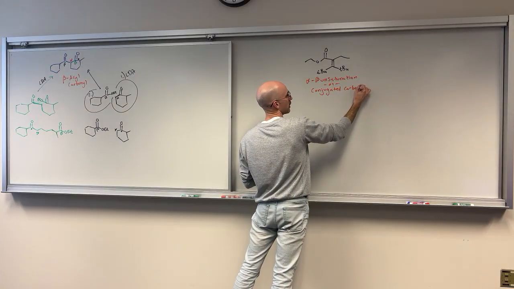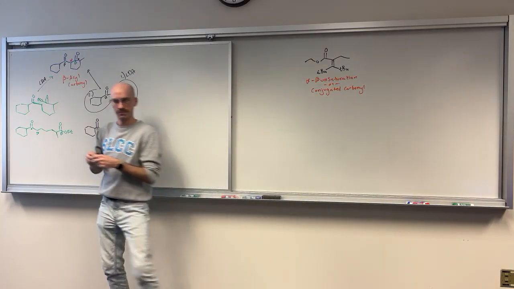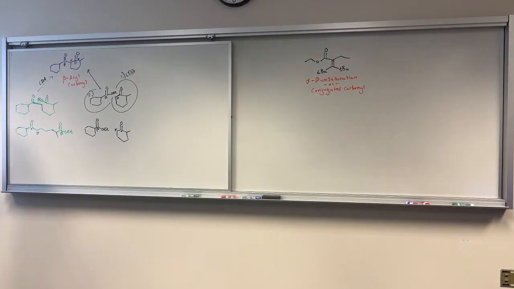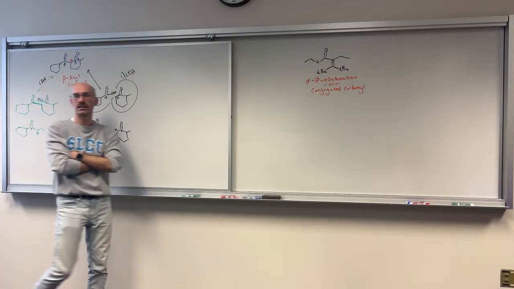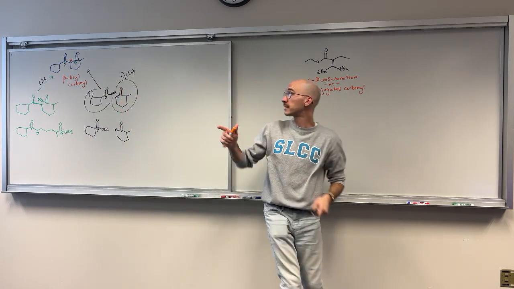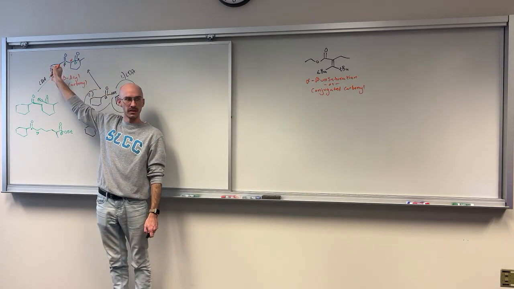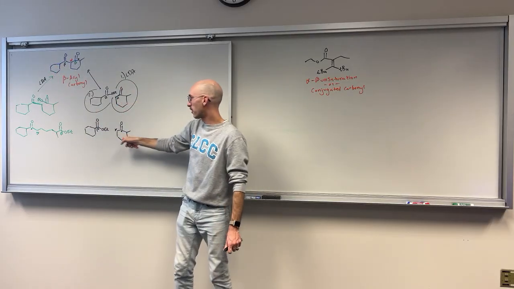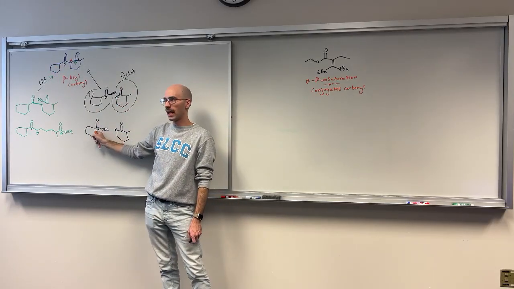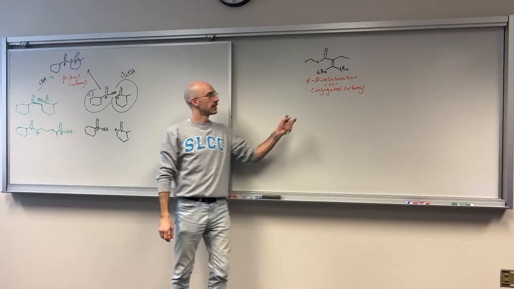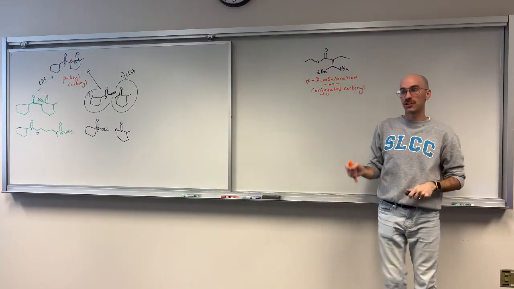What reaction did we learn that produced alpha beta unsaturated carbonyls? Condensation. Aldol condensation. Not Claisen condensation, which is what gives us the beta acyl carbonyl, because there you're reacting with an ester electrophile. Here we're doing aldol condensation.